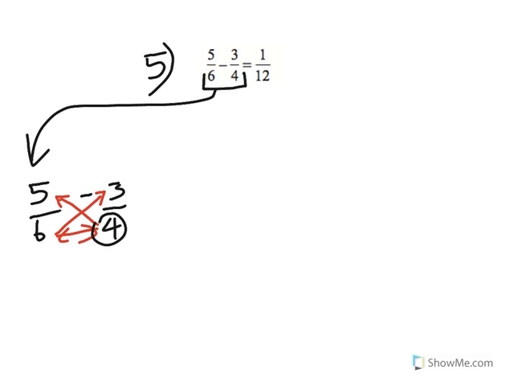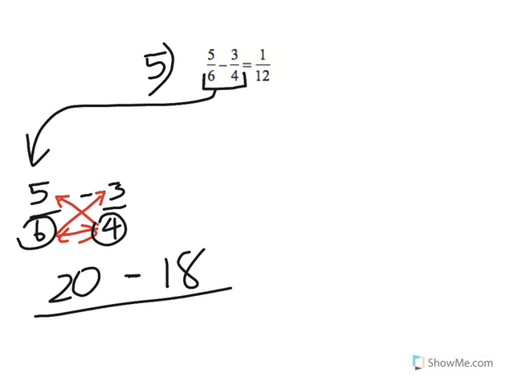So let's just do this. Let's deal with this first. So 4 multiplied by 5 is 20, and 6 multiplied by negative 3 is negative 18. And that is all over 6 multiplied by 4, which is 24. So in this way, you've actually developed it as one whole fraction. Now, if we simplify this, 20 minus 18 becomes 2.